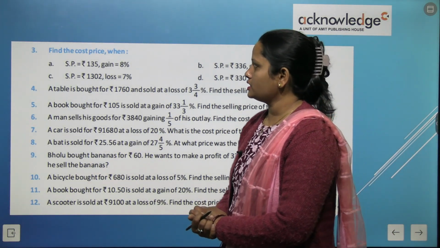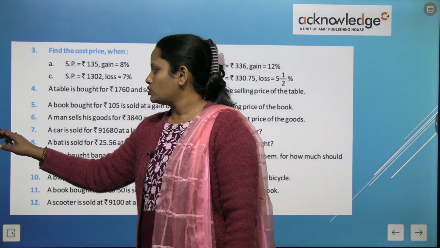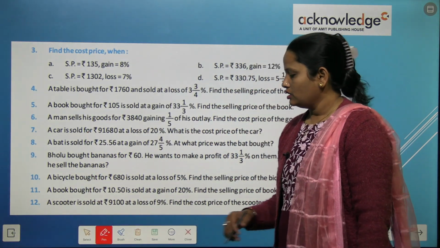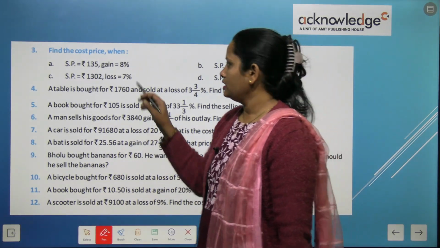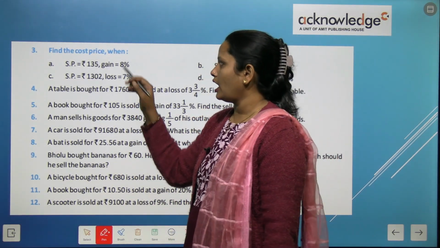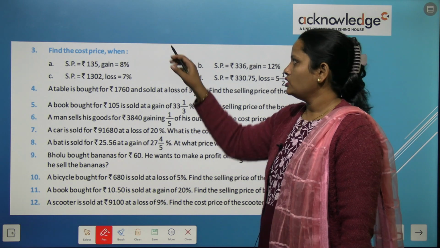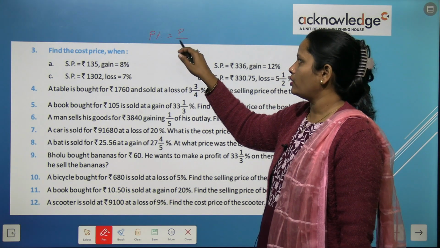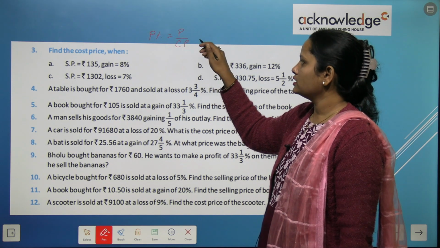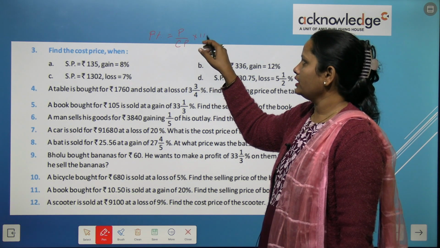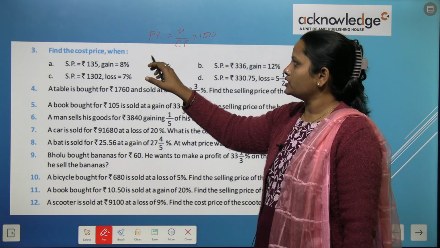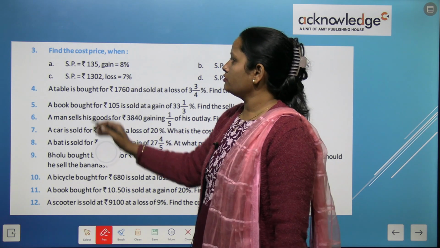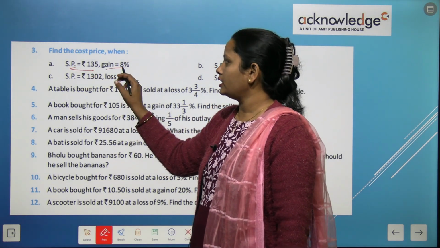Now question number 3 is find the cost price. So here again you have to do the same thing. You have to find the cost price. Selling price is given, gain percentage is given, and you have to find the cost price. So here the profit percentage is equal to profit upon cost price multiplied by 100. So percentage is 8, and so here children, selling price is given and gain percentage is given.